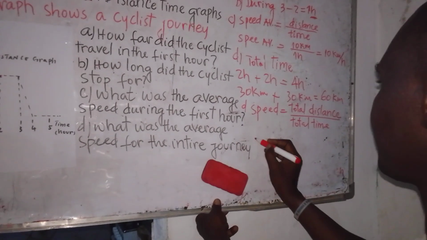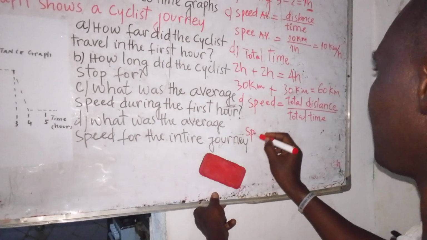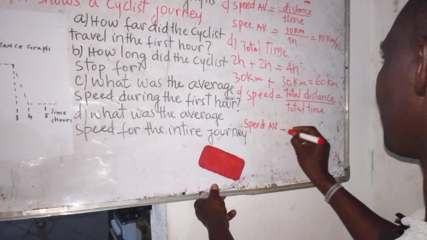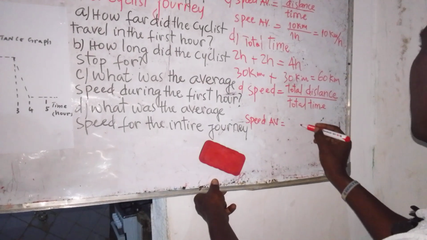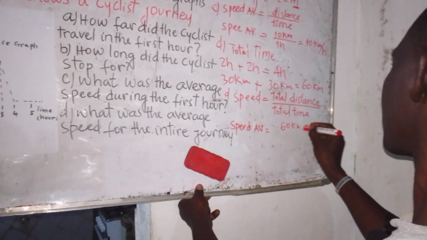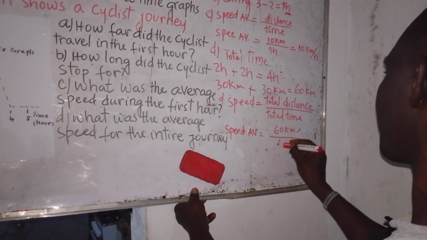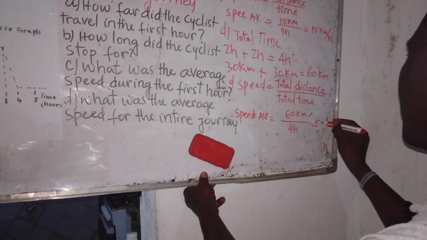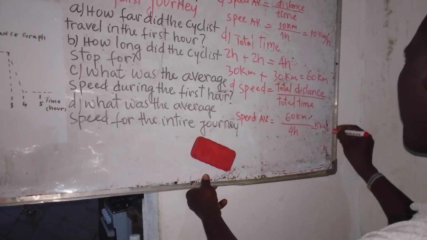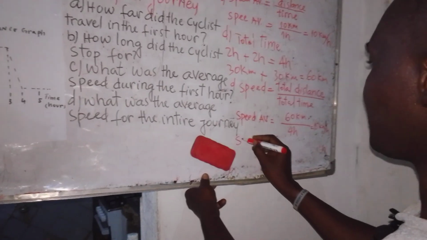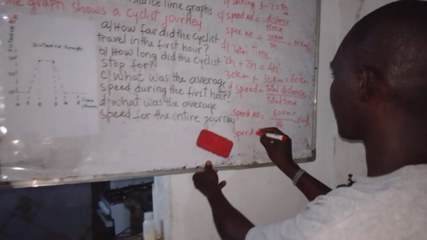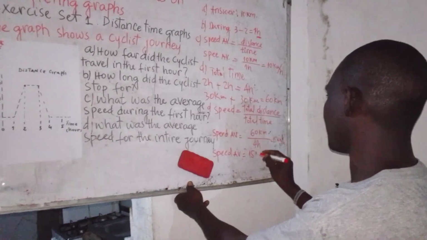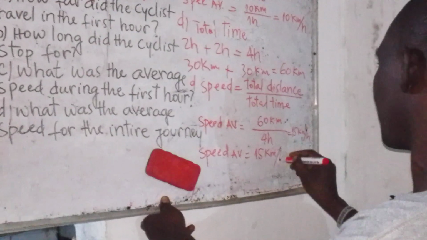Speed average is equal to 60 kilometers over 4 hours. It's equal to 15 kilometers per hour. Then the average speed is equal to 15 kilometers per hour.